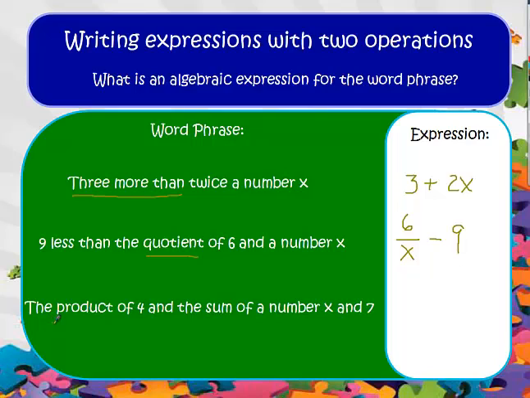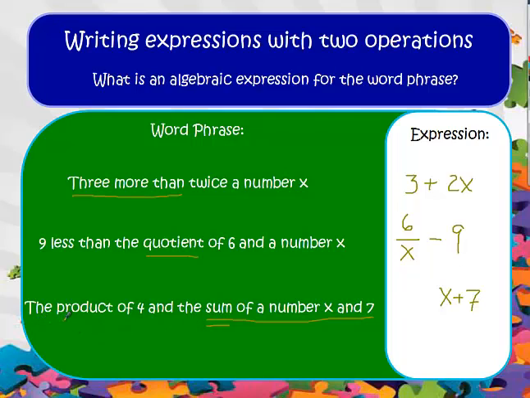This last one: the product of 4 and the sum of a number x and 7. First thing I like to do is find out what's happening directly to my variable. Here it is, the sum of a number x and 7. The word sum means addition. So I'm going to add x plus 7. Now I have to figure out the rest.